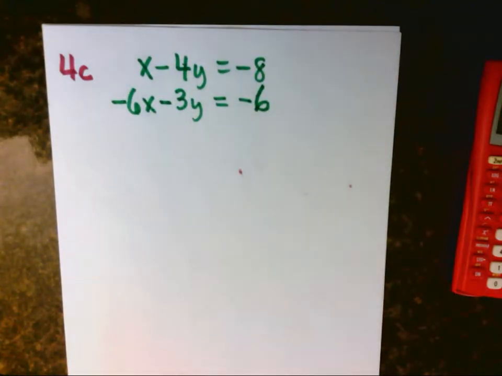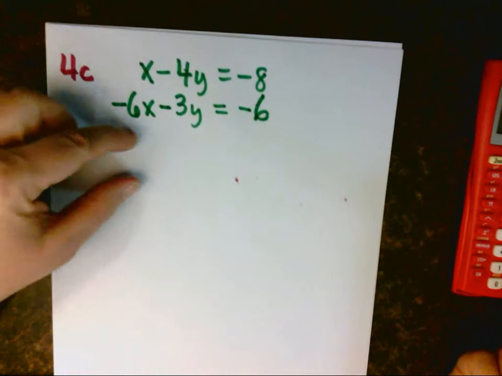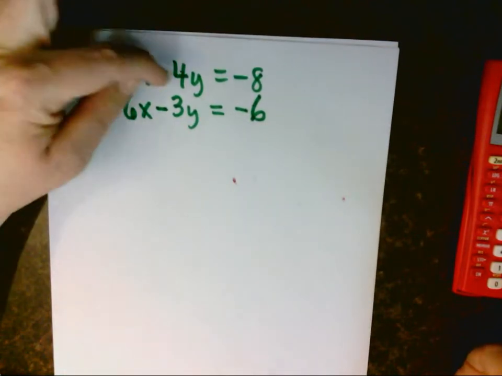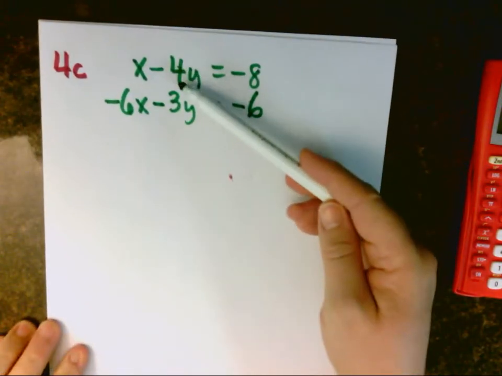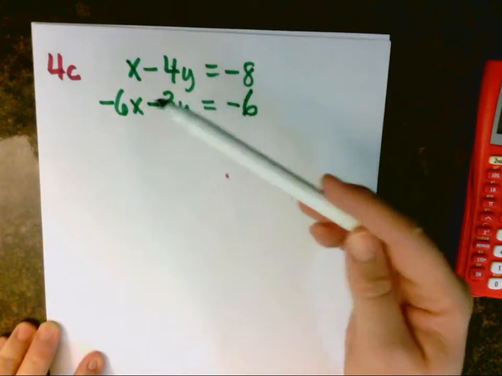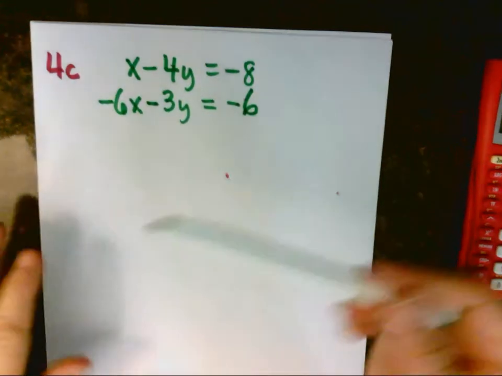Okay, now to eliminate things, we have to have additive inverses, which are opposites, right? The opposite of negative 6 is positive 6, so I could get a positive 6 there. Or I would have to have a number here to eliminate. Well, in order to do that, I would need probably a multiple of these. 4 times 3 is 12. I would probably need to make this a negative 12 and that a positive 12. That sounds like too much work.